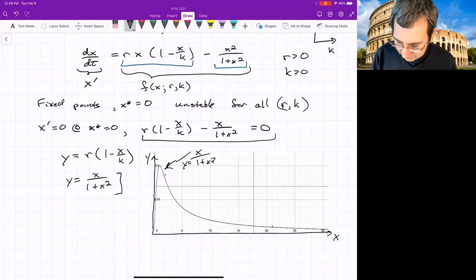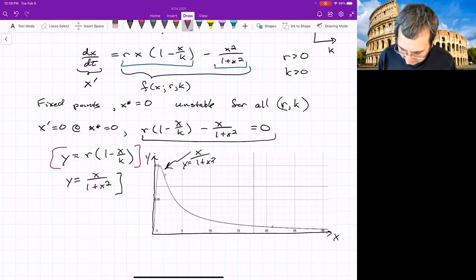Now, the nice thing about the other curve was that it intersects the Y-axis in R and intersects the X-axis in K. So we said for small enough K and all values of R, there's only going to be one intersection, so just one other point. For large enough values of K, it's just a straight line that connects R and K. So here's K. Suppose K is over there.